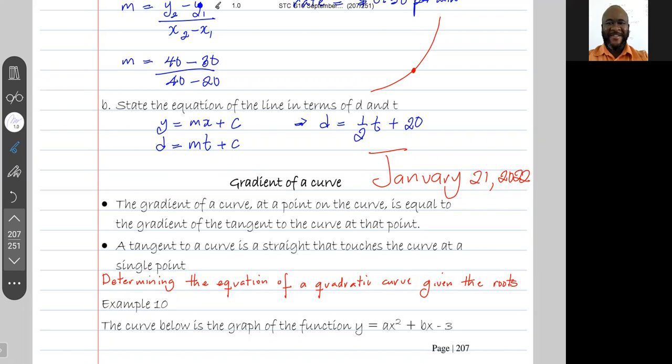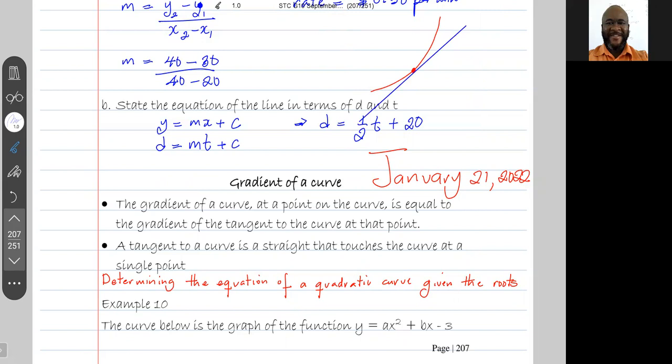We know that the gradient of the curve at that point is equal to the gradient of the tangent to that point. So what we'll end up doing is that we'll draw a tangent to the curve at this point. That will be the tangent. And essentially the tangent is a straight line that touches the curve at that point. So the tangent would look something like that.